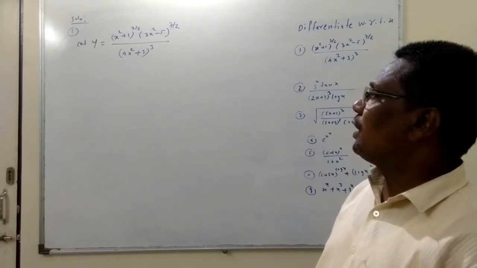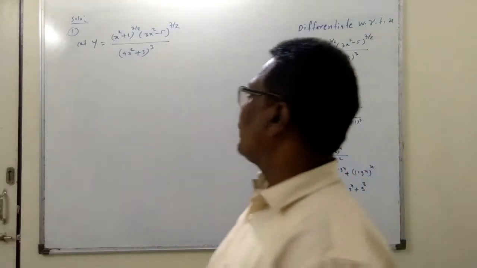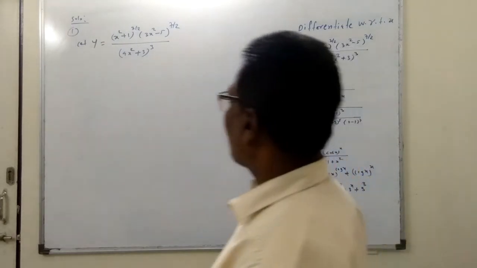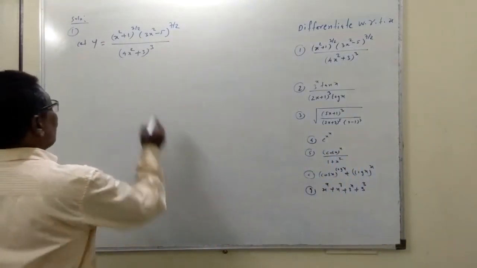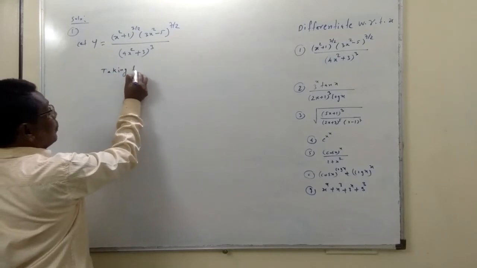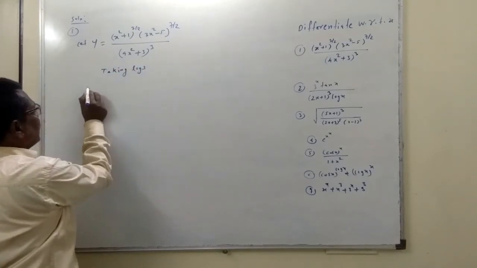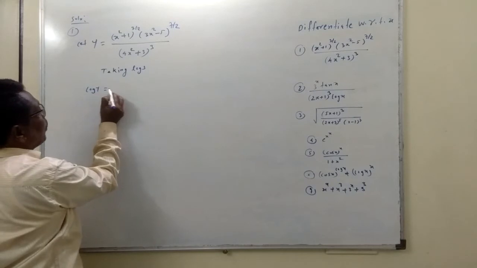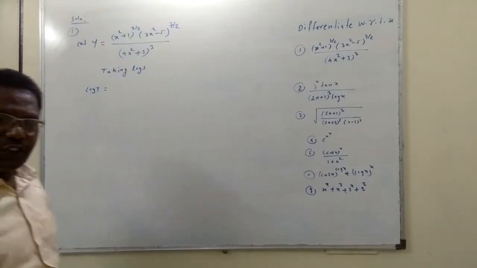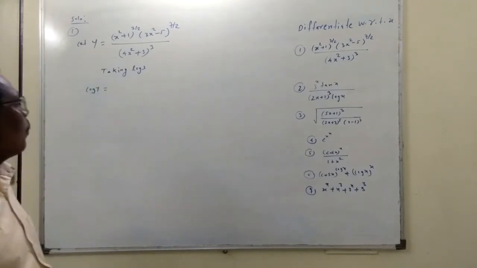So if we use logarithmic differentiation here, when there is a product and division of a number of functions, we take the log. So, taking logs, the function will simplify. So log y is equal to, now when we take the log, multiplication becomes addition, division becomes subtraction, and power is multiplied.